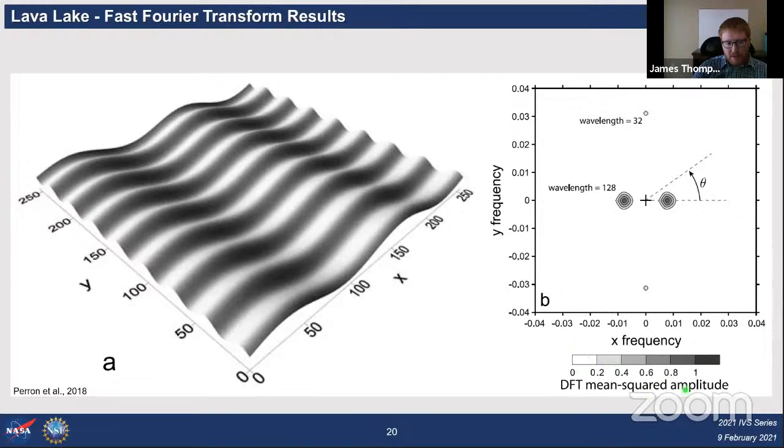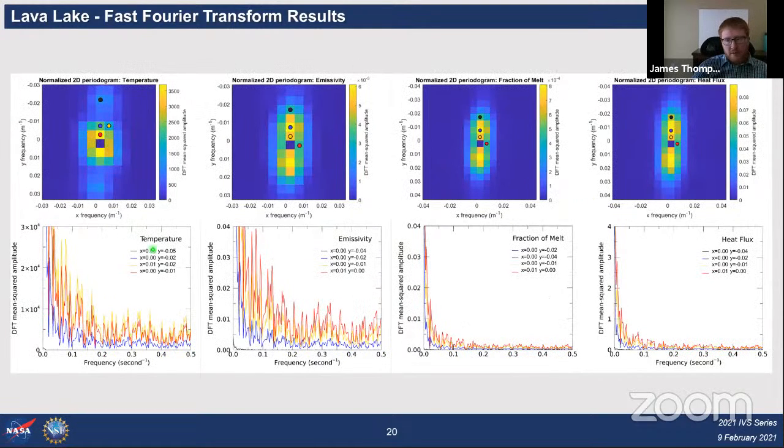So down here. And then in the x direction, we see this low frequency, high amplitude variation. So here is plotted with these high concentric rings close to the origin in the x frequency direction. And so I've done the same, but for these various thermal properties that I'm interested in.